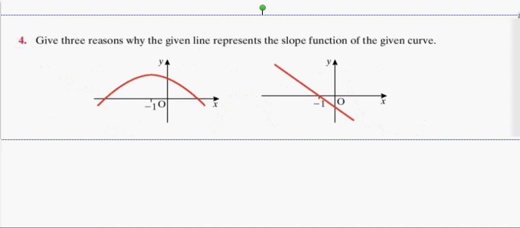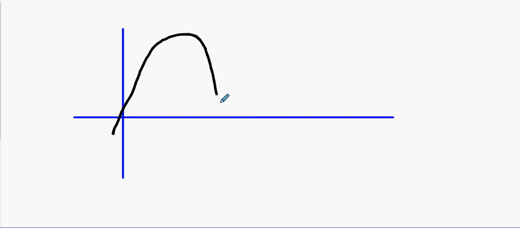Slope function of a given curve. Alright. If you guys remember what we did the other day, what I showed you was the following. If you have a cubic equation, and for argument's sake, I say the max and the min are here.